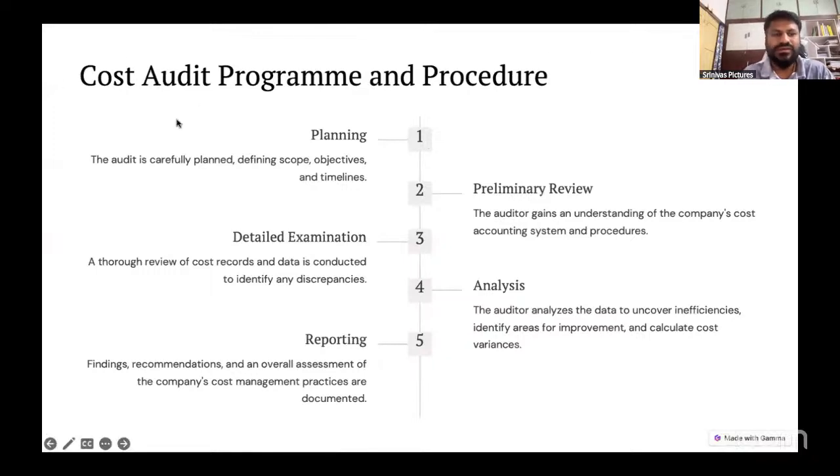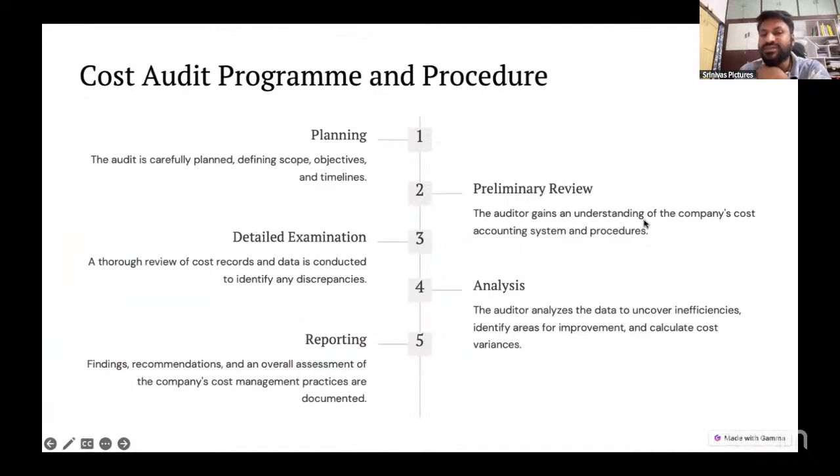Planning: the audit is carefully planned, defining the scope, objective and timelines. What period is going to be covered? What elements are going to be covered? What factors are we going to consider? All that we are going to take.